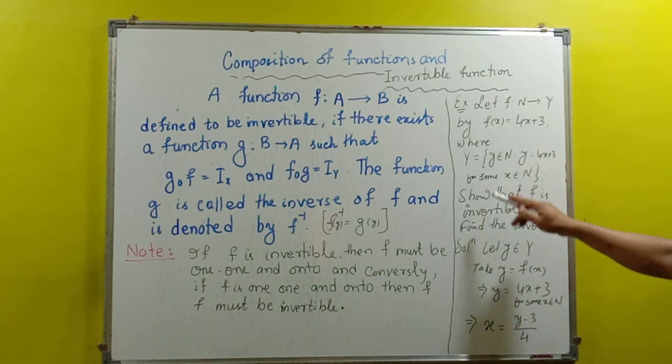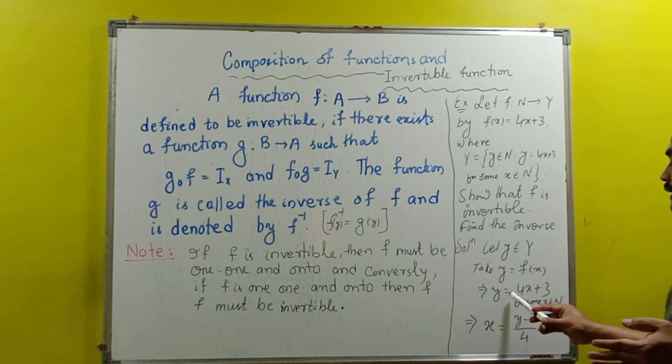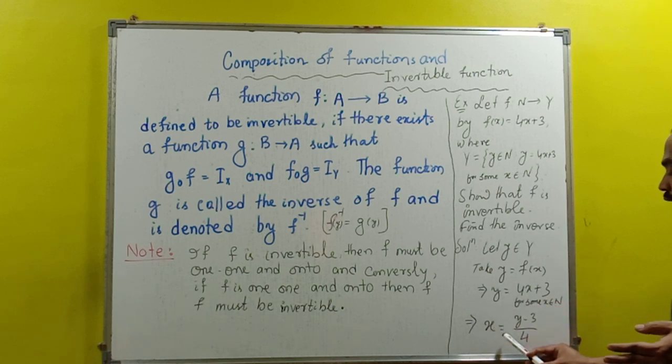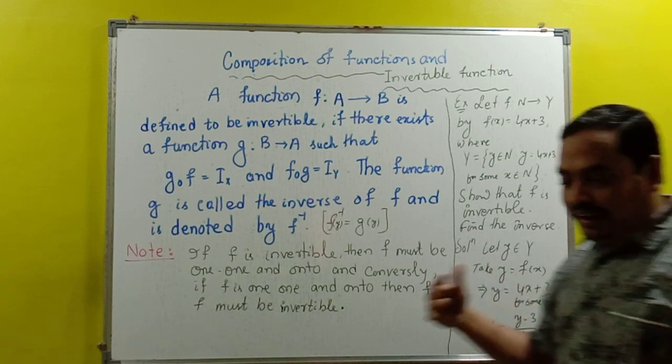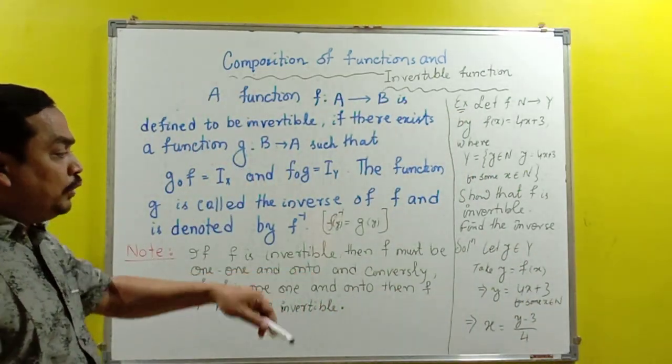This is the function. How to solve? Let y belong to Y, such that y is equal to f of x. Just as we did for proving onto, y equals 4x plus 3. Solve for x, so x is equal to (y minus 3)/4. Understood? Whatever we get by solving for x, we will take it as g of y.